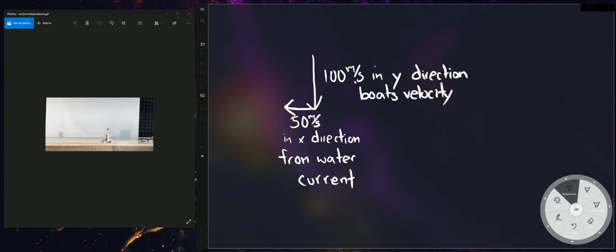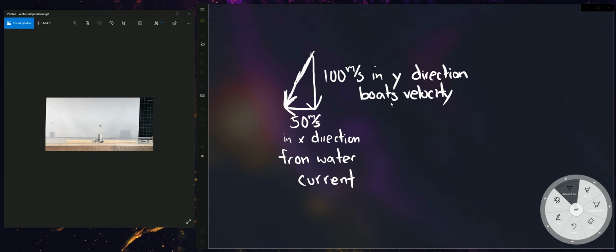You can't simply add both vectors now. One vector is acting in the x direction, the other in the y direction. So what's the path of the boat? If the boat is going straight vertically and the water current is pushing the boat to the left, then your boat is going to make a path this way. This is the path of the boat.